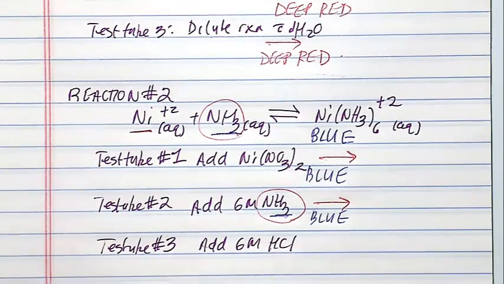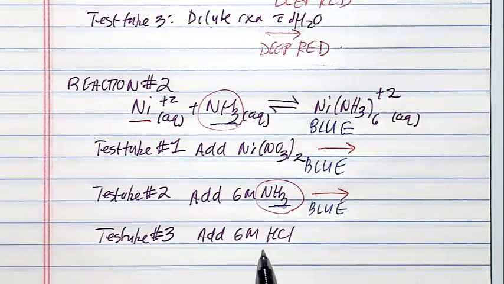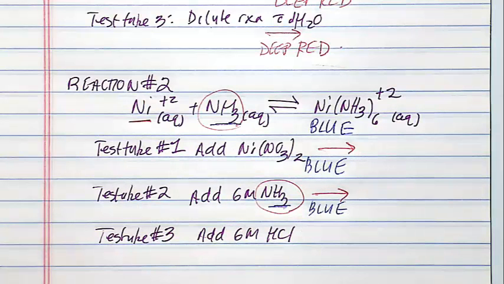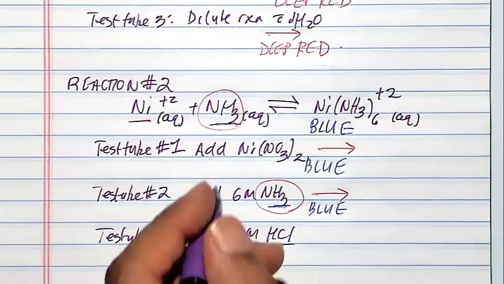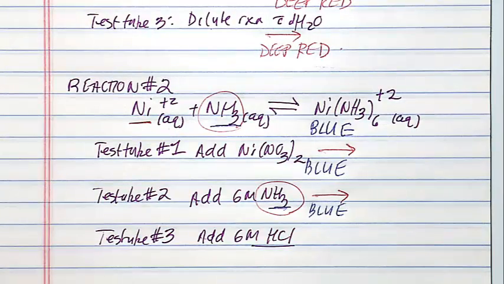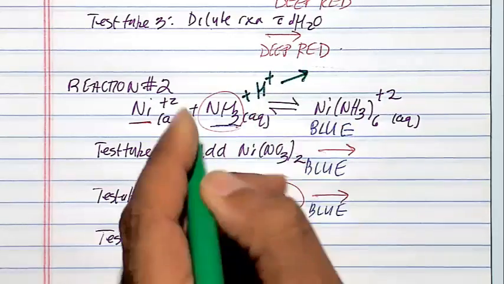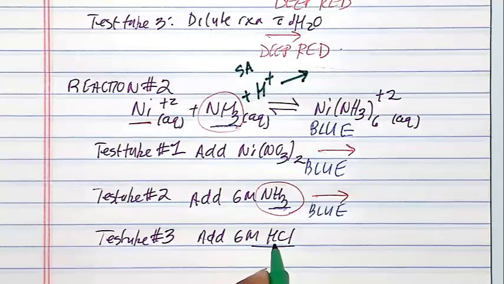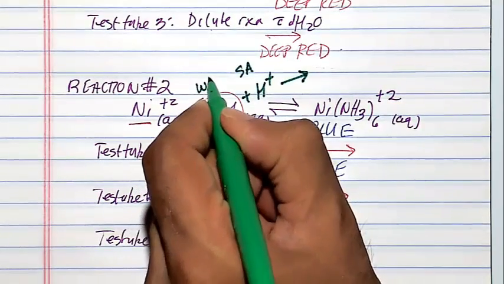In test tube number 3, you are adding 6 molar HCl. Okay, so this is an interesting thing. You're adding an acid to an equilibrium between nickel and ammonia. Not just any acid, but a strong acid, hydrochloric acid. So that will immediately react with this NH3, and now you are left with a strong acid coming from HCl with a weak base.